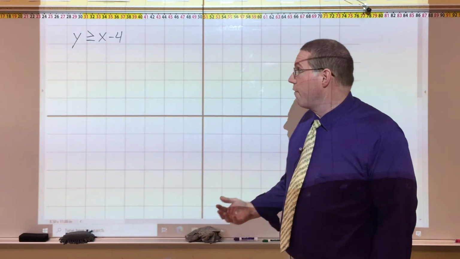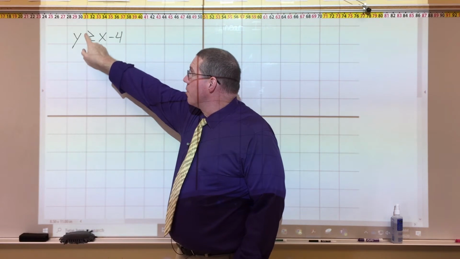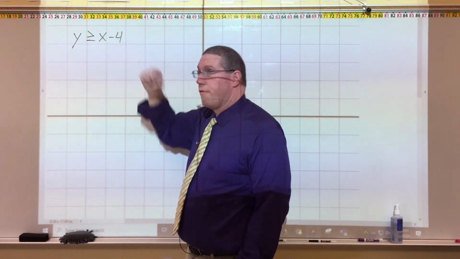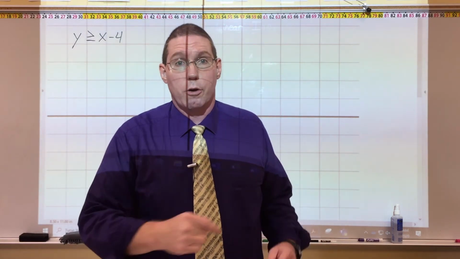All right, so let's try our first example. Here's the first one we're going to do. We've got y is greater than or equal to x minus 4. Okay, so this is the linear inequality that we are going to graph.